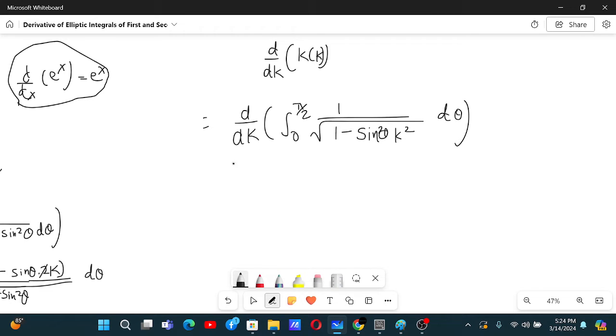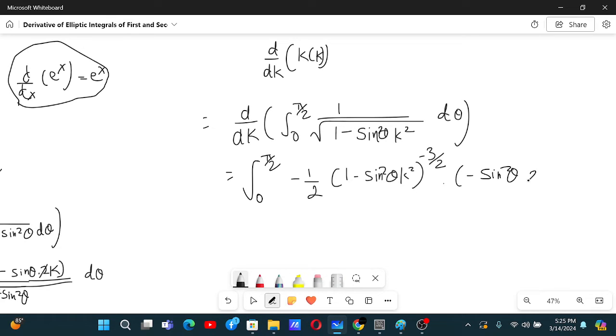Again we take it inside and do the partial derivative, 0 to pi by 2. Since this is 1 minus sine square theta k square to the power minus 1 by 2, this will be minus 1 by 2, 1 minus sine square theta k square to the power minus 3 by 2. And then if we differentiate this, we have minus sine square theta times 2k.